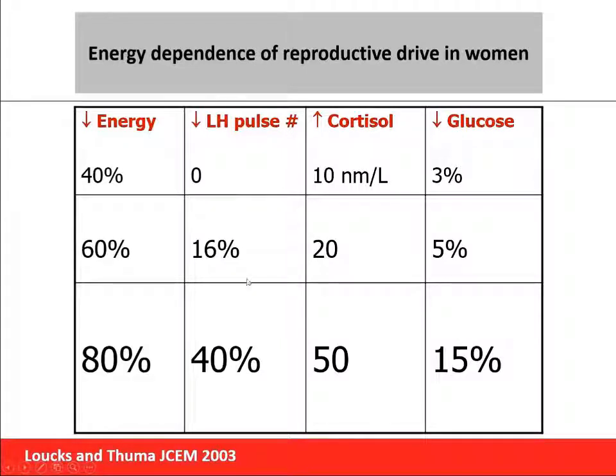And so these all travel together, such that the larger the energy deficit, the slower the LH pulsatility, the larger the activation of the hypothalamic pituitary adrenal axis, and the more the individual has glucopenia. So imagine you take a person like this and give them another stressor. How would they respond when they're already compromised? Probably with an even larger response than the person who's already in pretty good shape metabolically, as shown here.